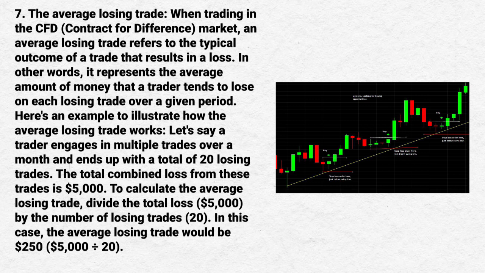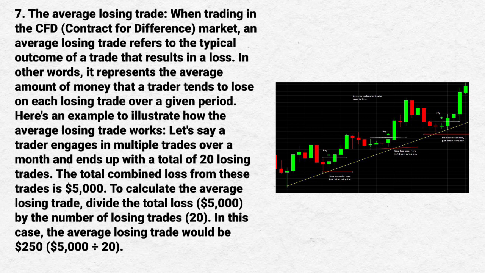7. The average losing trade. When trading in the CFD markets, an average losing trade refers to the typical outcome of a trade that results in a loss. In other words, it represents the average amount of money that a trader tends to lose on each losing trade over a given period. I'll give you an example to illustrate how the average losing trade works.